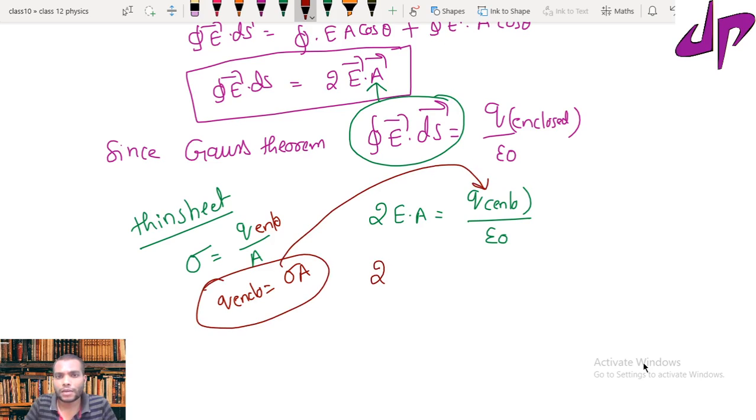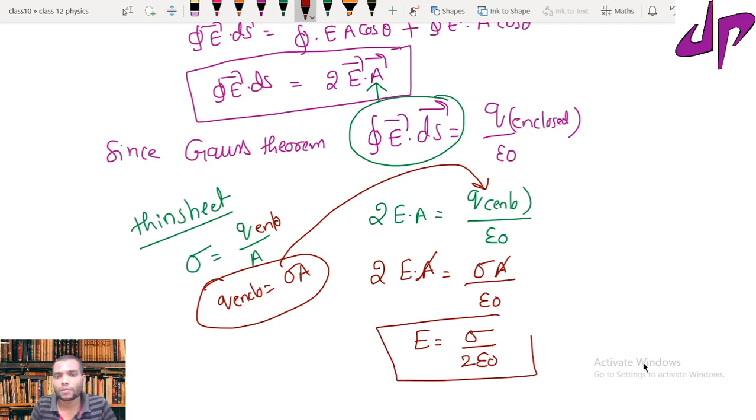So 2 times E times A equals sigma times A upon epsilon naught. Now you can cancel the like terms; the area A gets cancelled on both sides. So the electric field at a point equals sigma upon 2 epsilon naught. This is the final expression for the electric field.